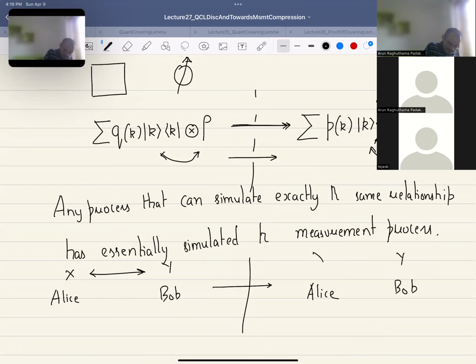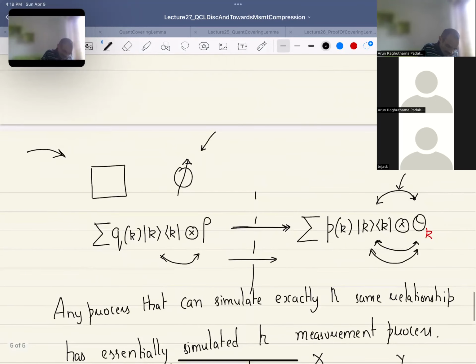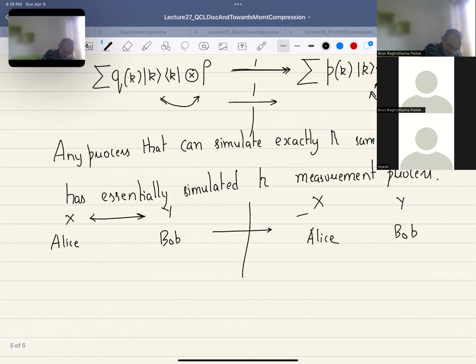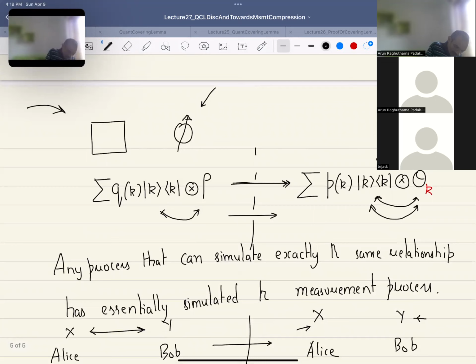That's exactly what is built into the second system. In the second system, Alice has some information about the quantum state, but in the first system, Alice has no information on the quantum state. So this measurement process brings about this relationship between the classical register and the quantum register, and hence information about the quantum state has been put onto the classical register.